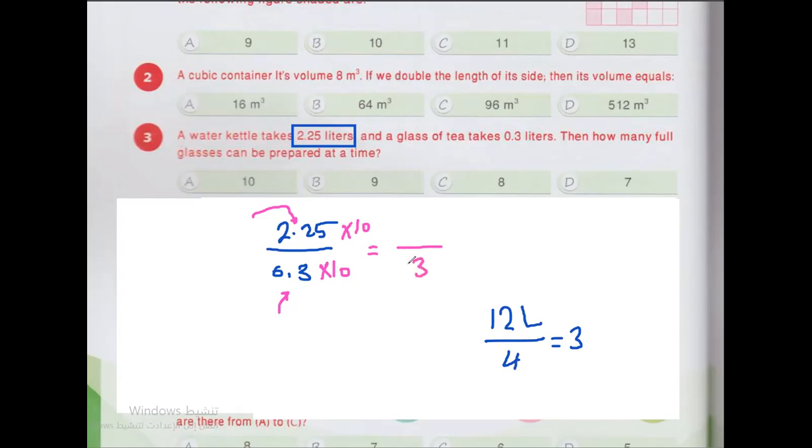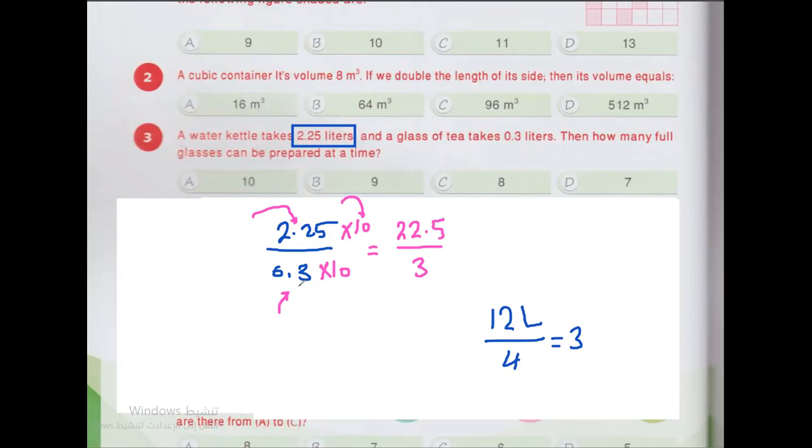It is 3, right? And 10 times 2.25, you move the decimal to the right, the same as the number of zeros. Because I have here one 0, the decimal moves to the right one time. 22.5.